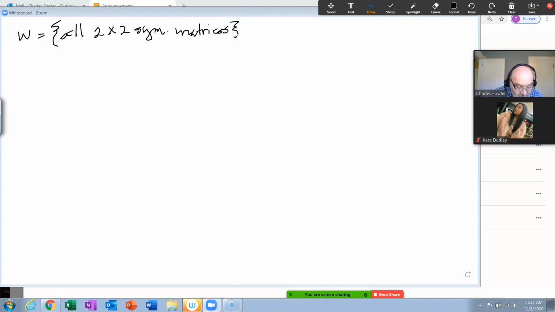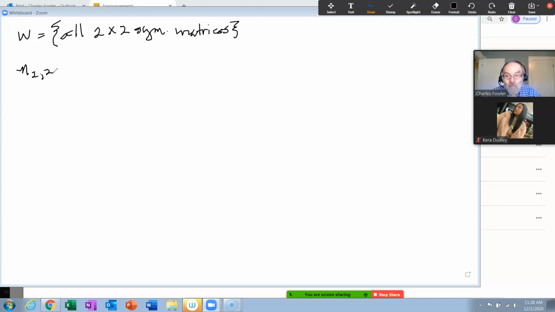That's what it is. Set of all 2 by 2 symmetric matrices. Now, the question is, show that that W, which is a set, is also a subspace of the vector space M22, that's the set of all 2 by 2 matrices with the standard operations of matrix addition and scalar multiplication.